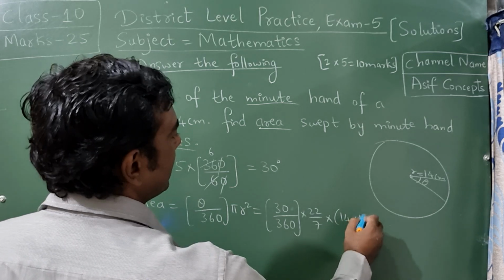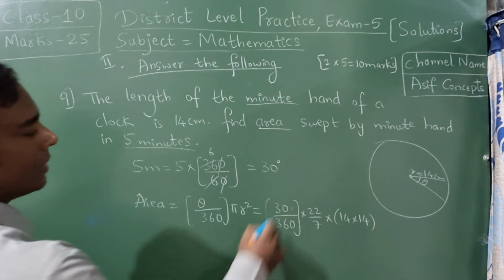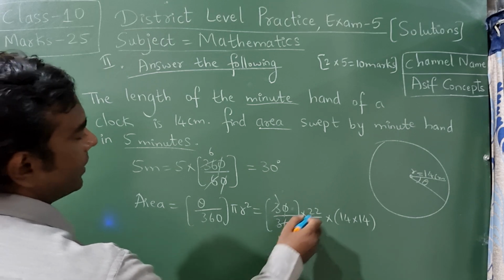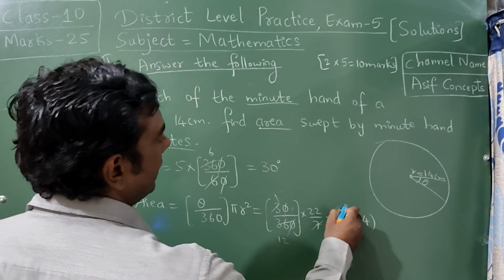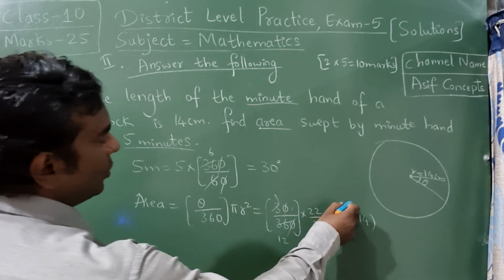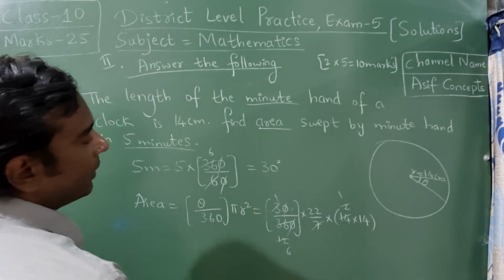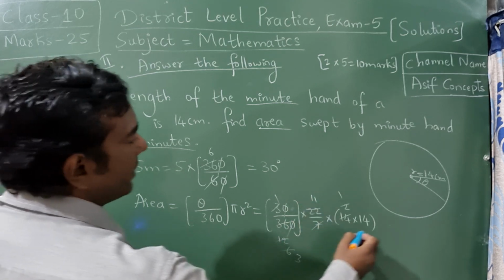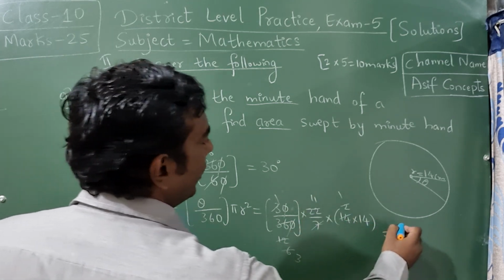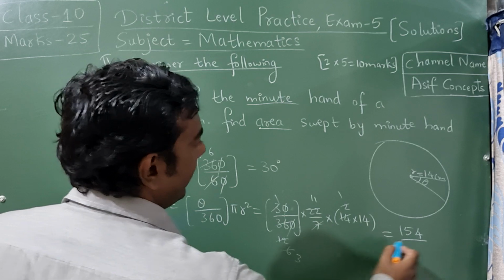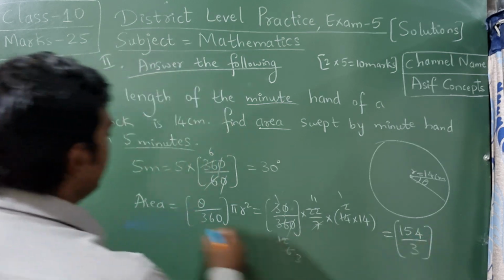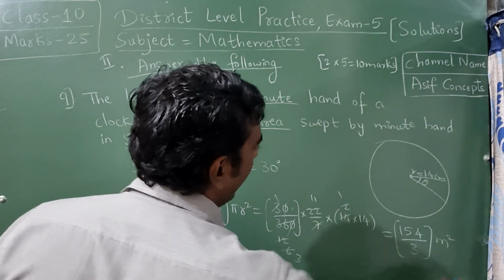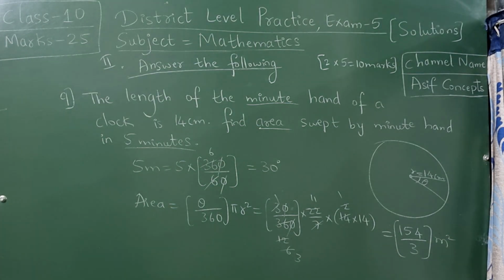I'm going to write twice because of the square here. 0, 0 get cancelled. 3 ones are 3, 3 2s are 6, and 7 ones are 7, 7 2s are, and 2 ones are 2, 2 6s are, then 2 3s are, 2 11s are. So you can write 11 into 14 is 154 divided by 3. Since it is area and it is in meters, you have to write meter square. So let's move on to the 10th question.